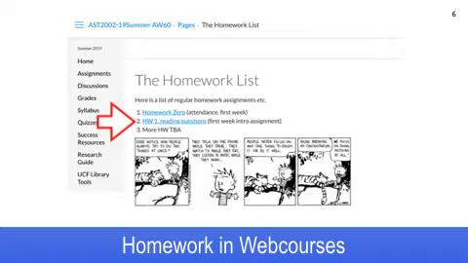Now, this list will be lengthened as we go through Summer A, so keep your eyes on this page, because I'll always put stuff there. By the way, you'll also be able to see homework assignments in the modules page, over in the left-hand navigation bar.